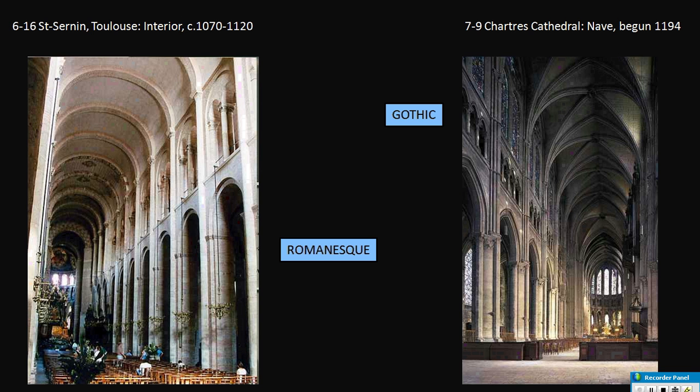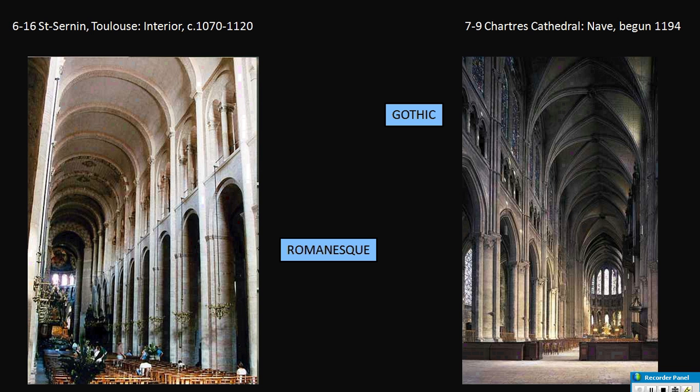So what else do we have that's different about this one? Stained glass. Okay, we still have glass at Saint-Sernin, but we have stained glass. Stained glass we actually trace all the way back to the 7th century, but Gothic architecture has a lot more of it.